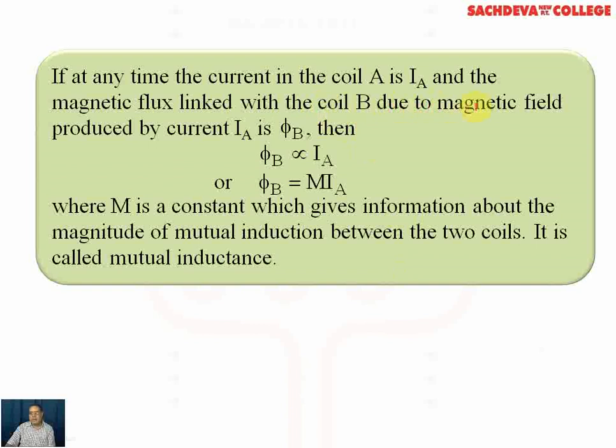M is the mutual inductance of the second coil. The phenomenon of changing the current in the first coil and inducing the current in the second one is called mutual induction, and M represents the coefficient of mutual inductance, or simply mutual inductance.